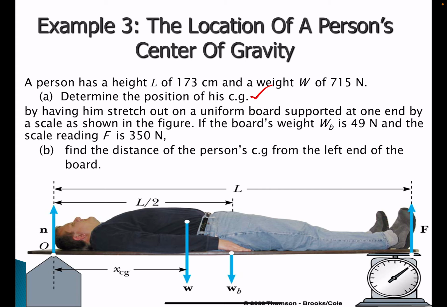Determine the position of his center of gravity by having him stretch out on a uniform board supported at one end by a scale as shown in the figure. If the board's weight WB is 49 Newton and the scale reading F is 350 Newton, you need to find the distance of the person's center of gravity from the left end of the board. Left end is this side.